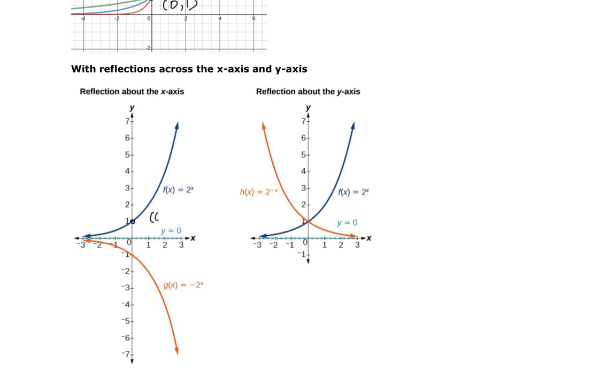So we know that this is the point 0, 1, so we have 0, negative 1. When it's up in the exponent, we talked about this, 2 to the negative x is 1 over 2 raised to the x, and this does a reflection about the y-axis. So everything that we learned about transformations still holds true.